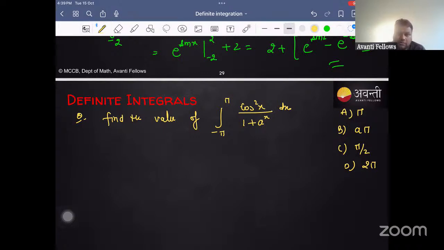All right. I got two supporters for B option. Others also try quickly.